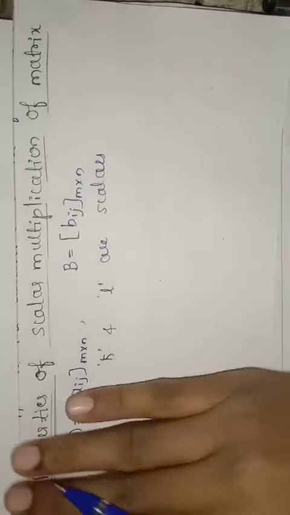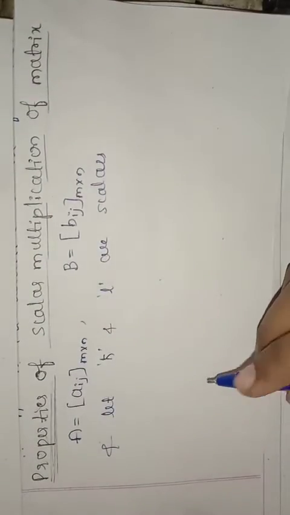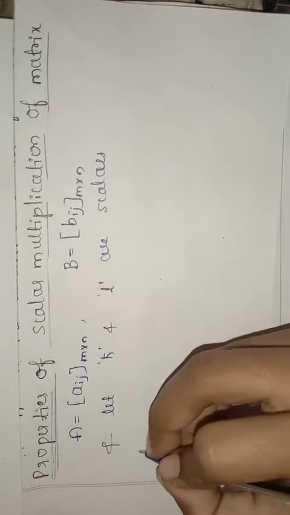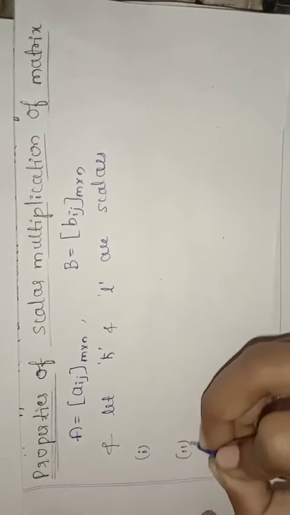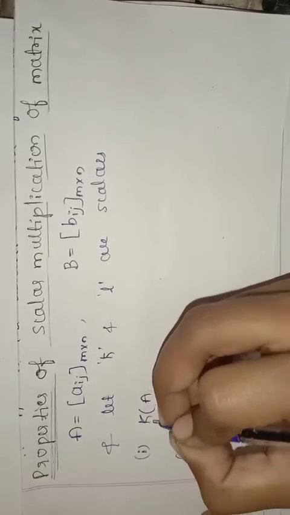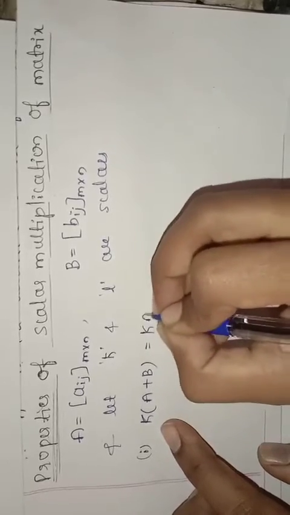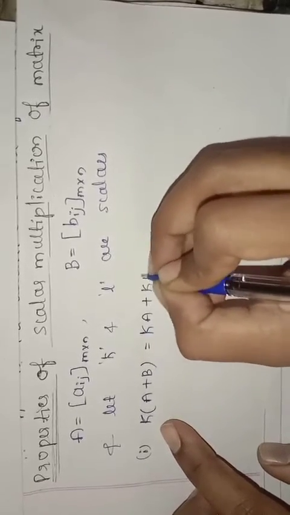So there are 2 scalars, K and L, and 2 matrices, A and B, and 2 properties are given. It satisfies K into (A plus B), which gives K into A plus K into B.